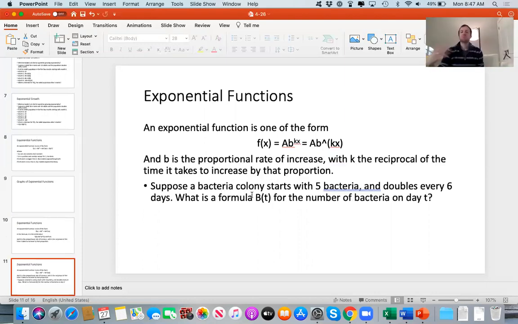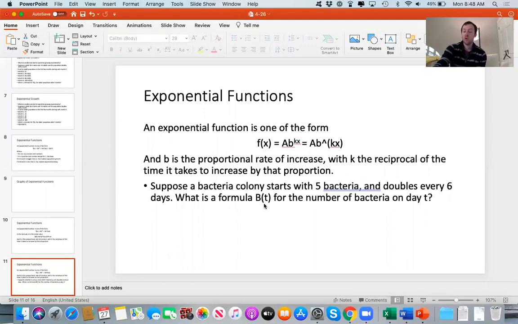Here's a kind of question. Suppose you have a bacteria colony and it is very small. It starts with 5 bacteria. Because of the kind of bacteria you have there, it's doubling every 6 days. So what is the formula for the number of bacteria on day T?